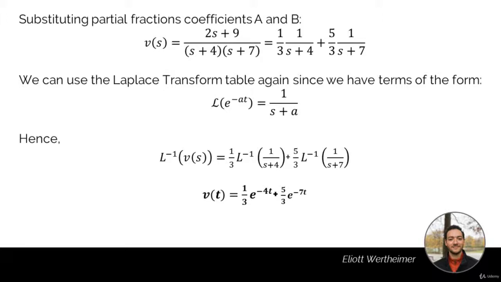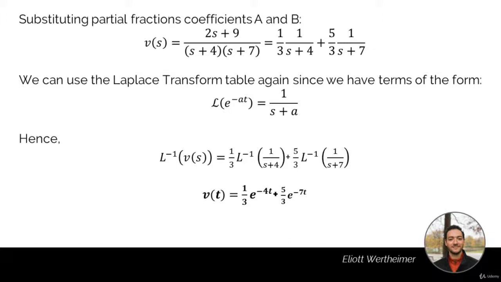So, like I just told you, we can use the Laplace transform table again since we have terms of the form 1 over s plus something, okay? And then reversing that, we can go back to exponential minus something times t. So replace the something by the number that is in the equation. The something is just a constant. So we just take the Laplace transform and reverse it. We can apply that to the equation for Vs.